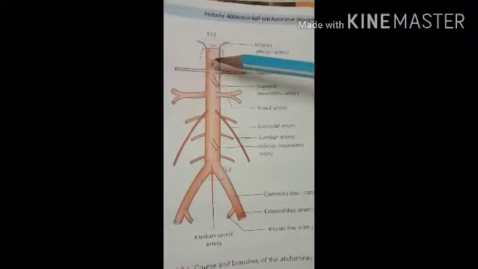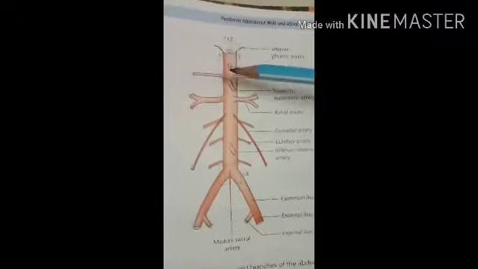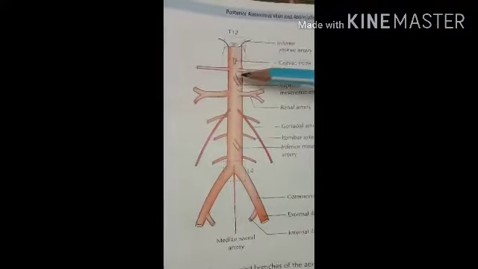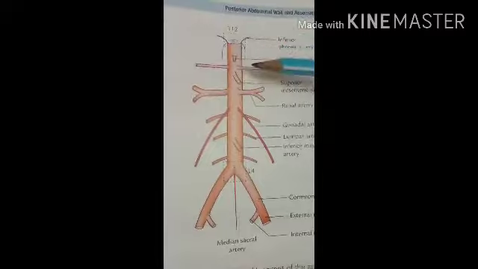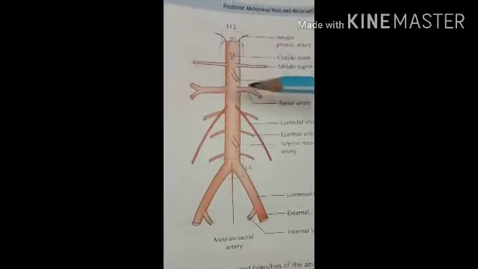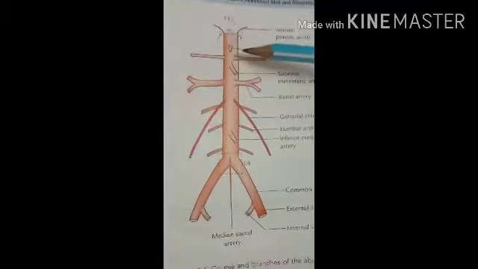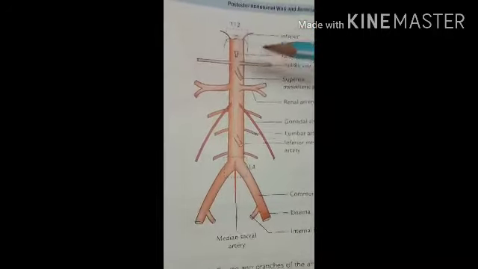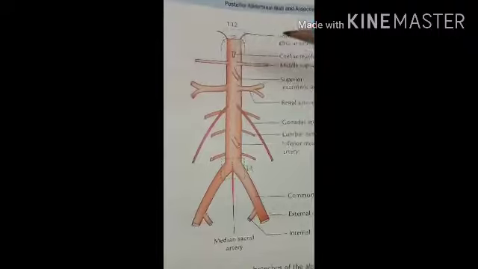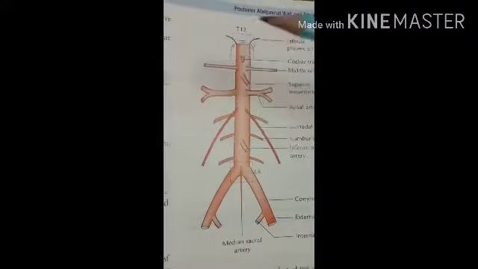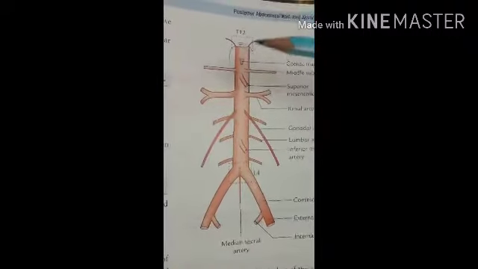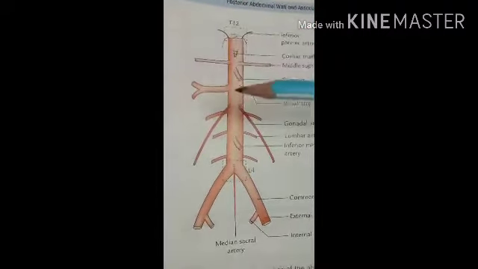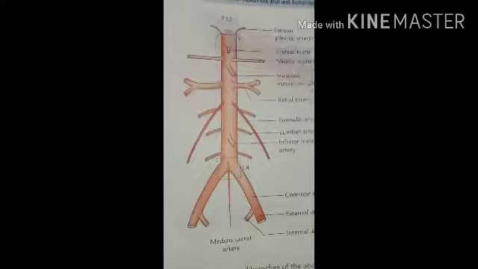Then it suddenly divides into three branches, the left gastric artery, the common hepatic artery and the splenic artery. The left gastric artery supplies the stomach, the splenic artery supplies the pancreas and the spleen, and the hepatic artery supplies the liver, gallbladder and part of the stomach, duodenum and the pancreas. So that is the coeliac trunk.